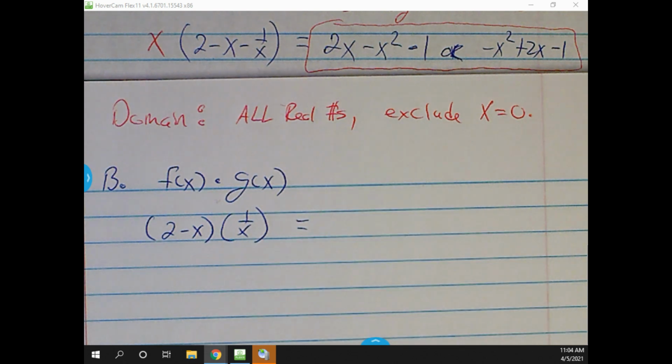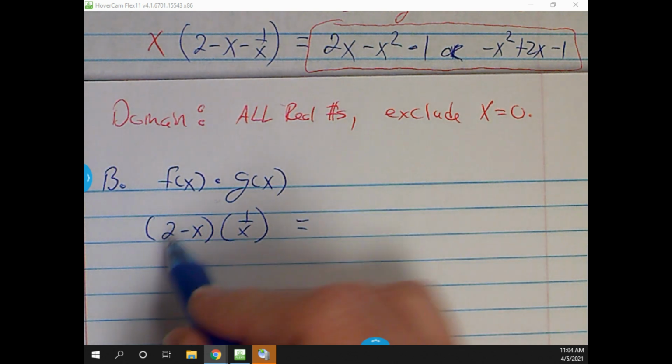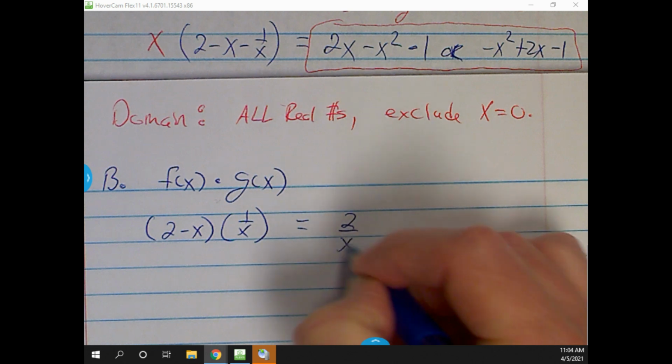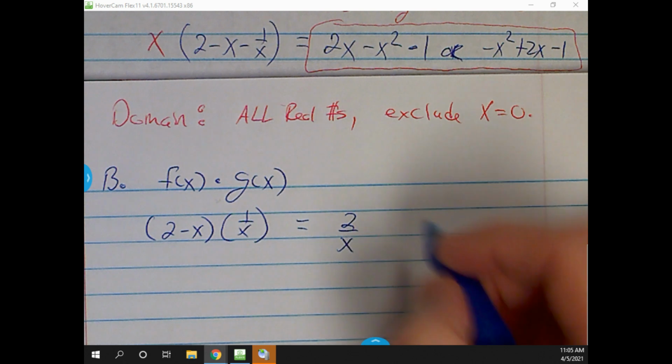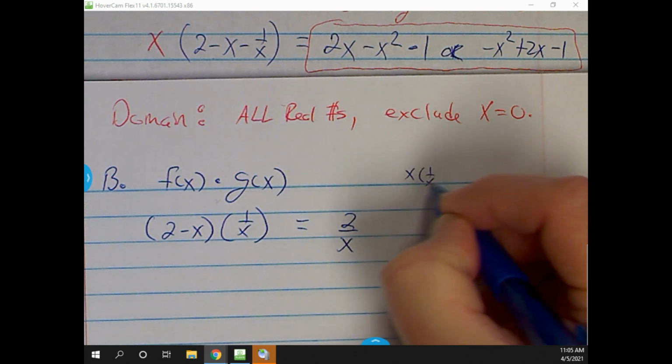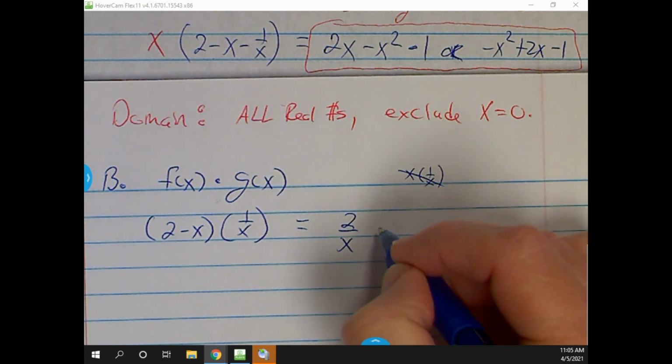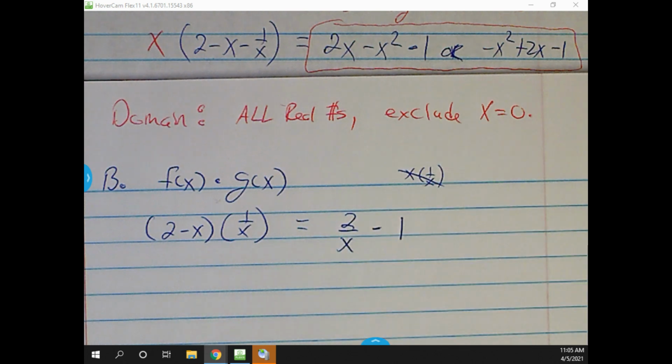All right, and in this case, it is just distributive property. So it's 2 times 1 over x, which would be 2 over x. And then minus x times 1 over x. If you do x times 1 over x, well, that's where the x's cancel. I'll leave you with just a minus 1.